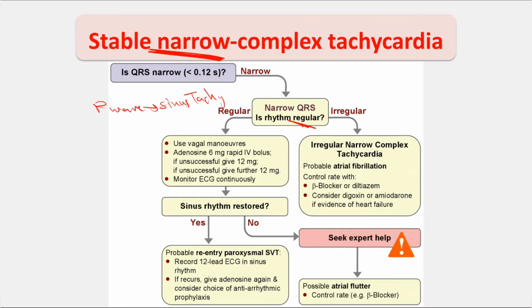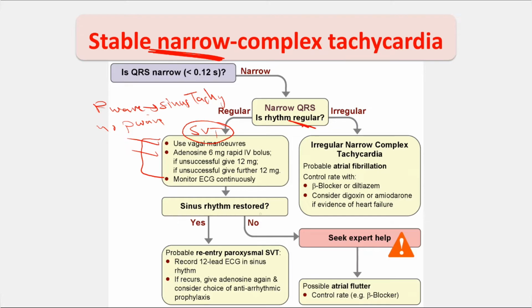Usually with sinus tachycardia, you have to treat the underlying cause. But if it is regular and there is no P wave, it is usually due to an SVT. For SVT cases, you have to do a vagal maneuver, then give adenosine, then other pathways of treatment. I will talk about it shortly.